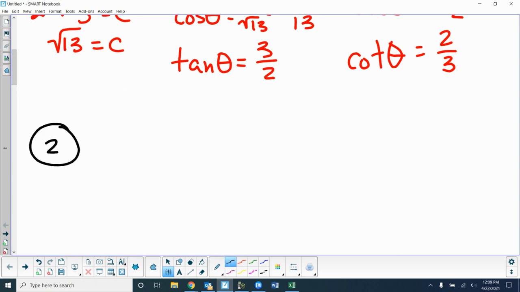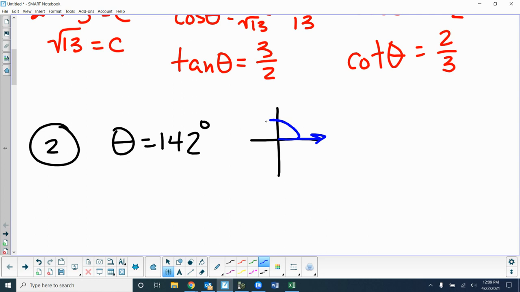All right. Number 2 is asking for a reference angle, isn't it? Okay. So I gave you this angle and you have to find its reference angle. So I always make a quick picture of it. Remember initial side and then terminal side moves over.